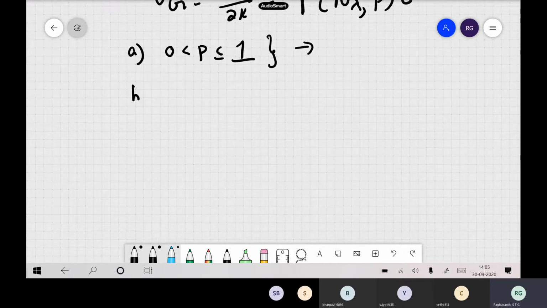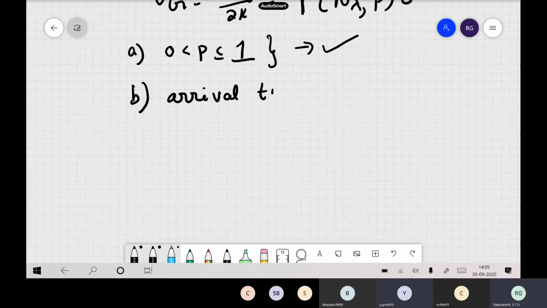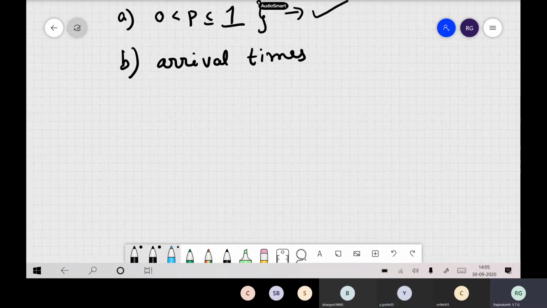And what is another criterion? We said the most important criterion. After you fix your p value here, the second criterion was your arrival time. Based on the arrival times, this is the most important thing, you have to decide how much distance you are going to simulate.